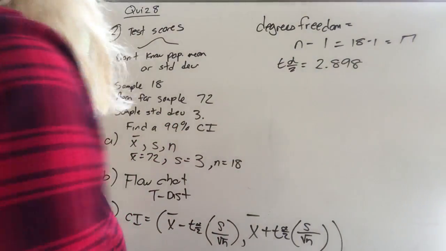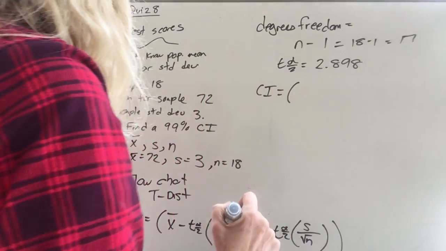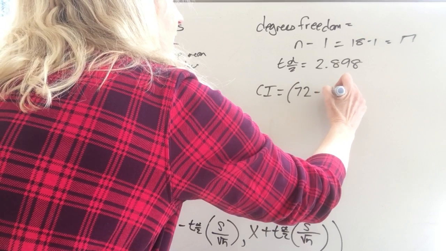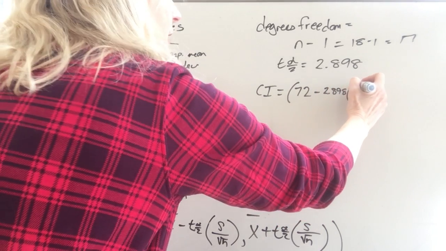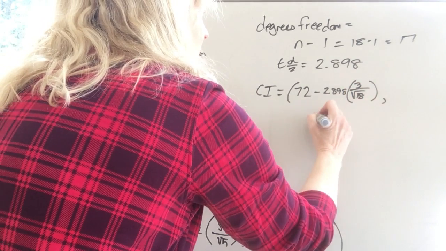So now, you guys, guess what? Plug in time. X bar is 72, minus T alpha over 2, which is 2.898, times S, which is 3, over the square root of N, which is the square root of 18. And then you do the same thing, but you add.